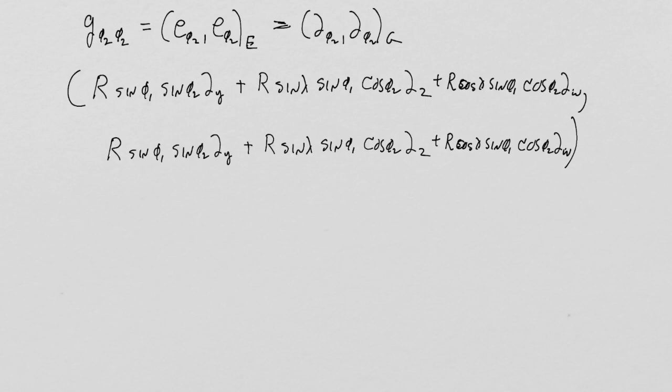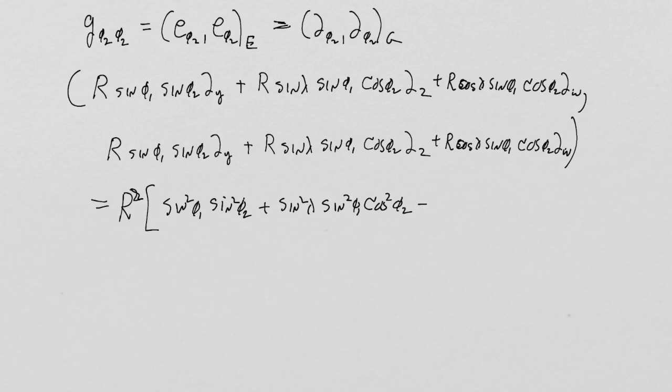I end up with equals r squared again, and then this is going to be sine squared phi 1, sine squared phi 2 plus sine squared lambda sine squared phi 1 cosine squared phi 2 plus cosine squared lambda sine squared phi 1 cosine squared phi 2, like that, right?